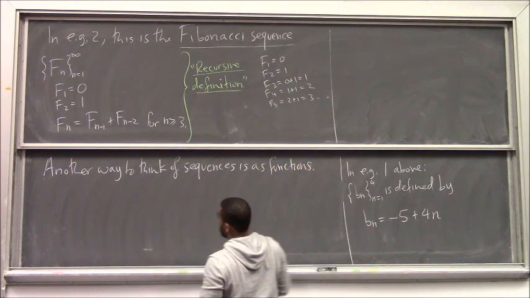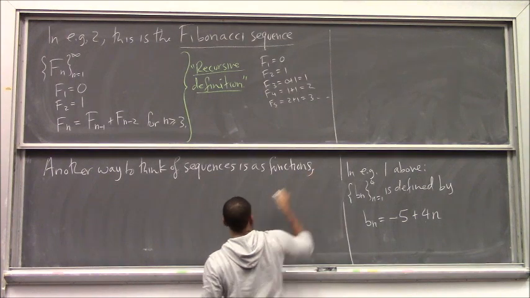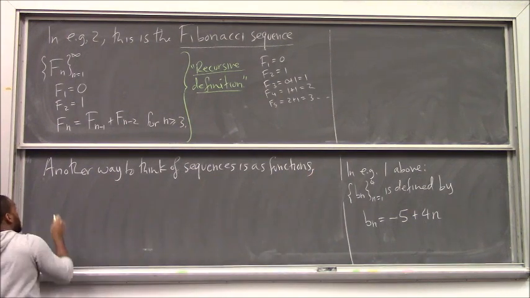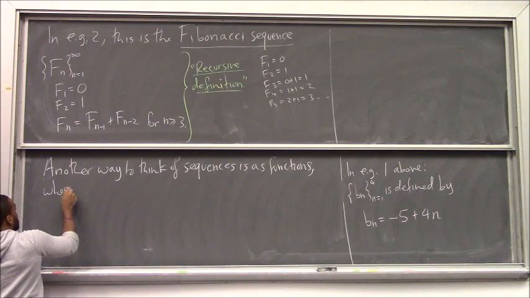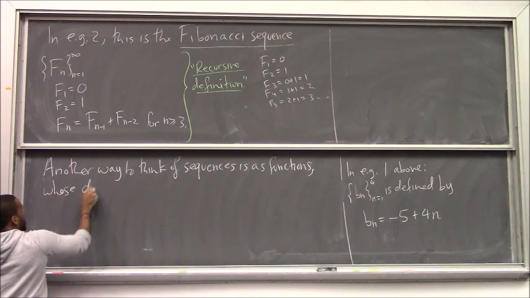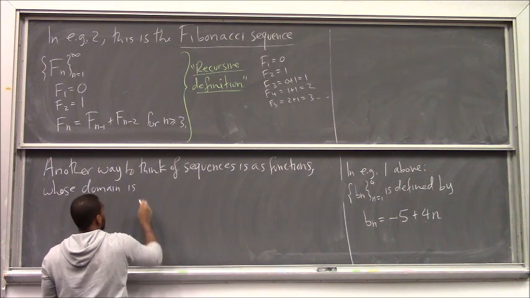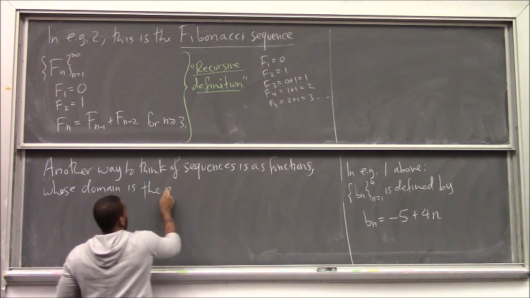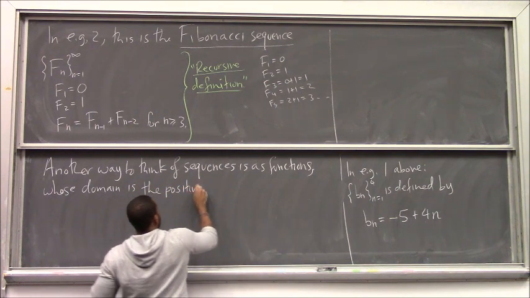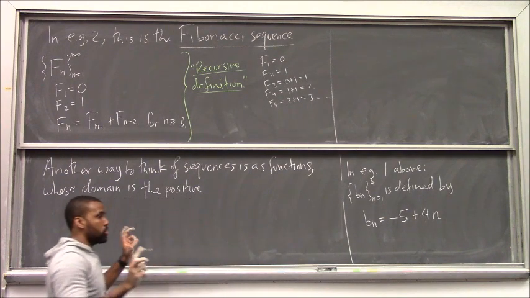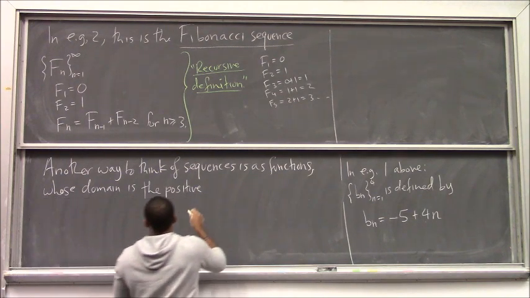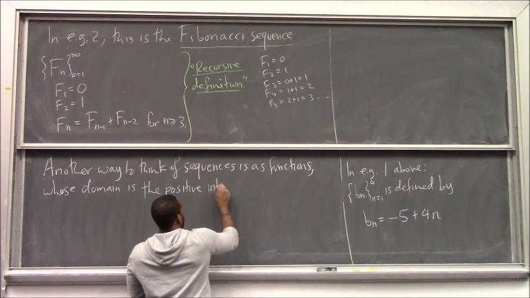Another way to think of sequences is as functions with a particular domain, the positive integers. Some people start at the non-negative integers, with the 0th term, but we'll start at the positive integers.